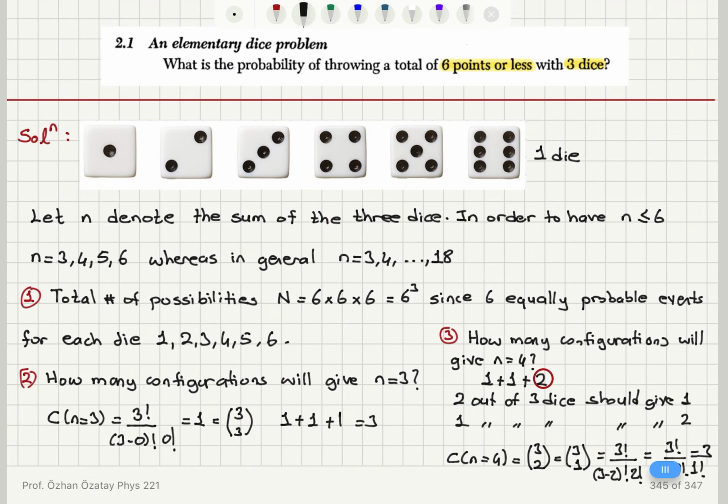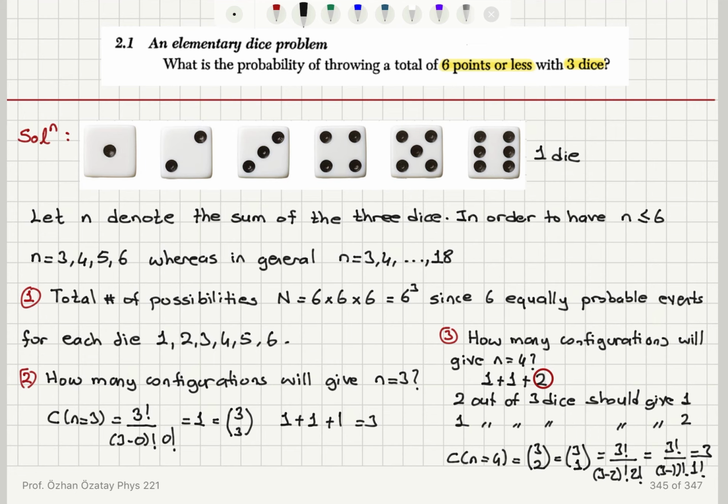Okay, so we know that each die can give 6 possible outcomes, and I have denoted by n, the lowercase letter n, as the sum of the 3 dice. So we're allowed to have n less or equal to 6, which means the minimum we can have is each die giving you a 1, which means 1 plus 1 plus 1 is 3. And the maximum we can have in the problem is 6.